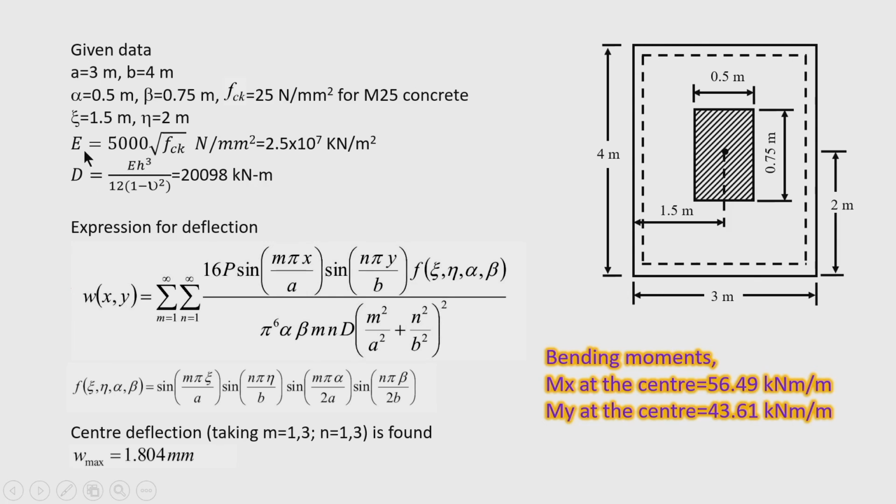Modulus of elasticity: in this problem only the characteristic strength, that is the grade of concrete, is given. Based on the grade of concrete, M25 concrete is selected here. For M25 concrete, characteristic strength is 25 Newton per mm square. So, modulus of elasticity is given by this formula from the Indian Standard Code.